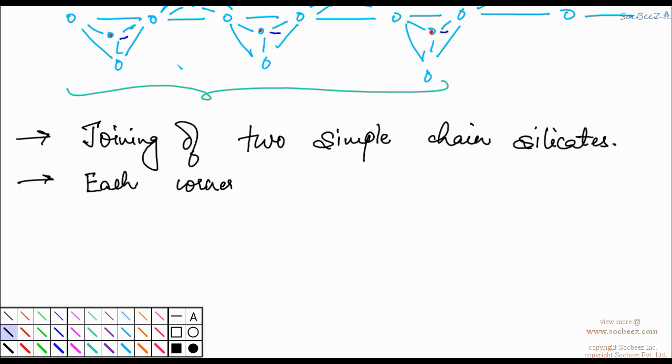Each corner of the tetrahedron is shared. So this is an important feature. With this we are over with silicates.